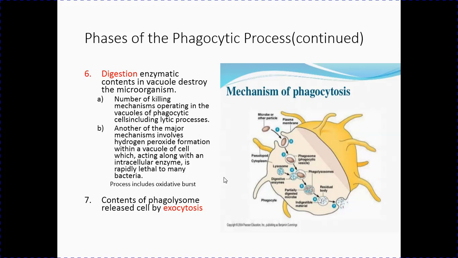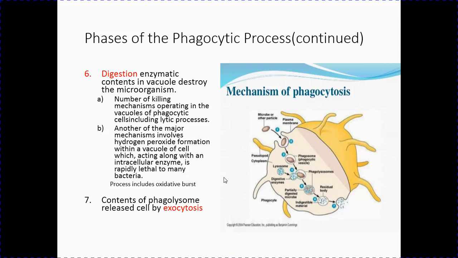That oxidative burst binds the oxygen to some hydrogen, and hydrogen peroxide is formed within the vacuole. That, combined with the intracellular enzymes, is rapidly lethal to the microbe. So there are a couple of different methods of killing. The first was the lytic process. The second is the oxidative burst resulting from the use of oxygen within the vacuole and combining with hydrogen.